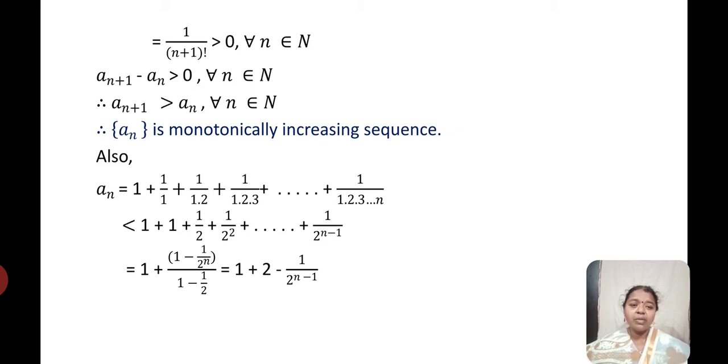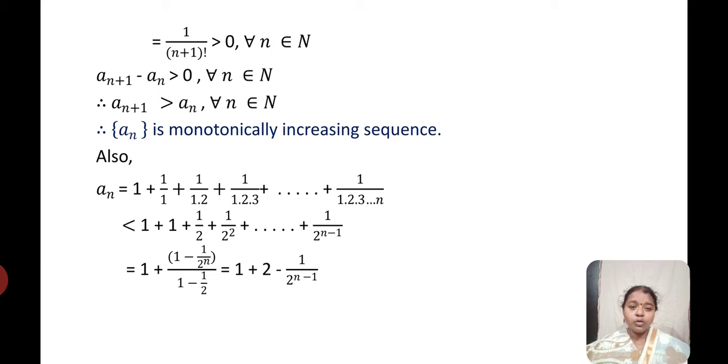This is nothing but less than 1 plus 1 plus half plus 1 by 2 square and so on plus 1 by 2 raised to n minus 1. Now I'll leave the first term as it is. Then the next terms are nothing but the sum of a geometric series wherein a is equal to 1 and r is equal to 1 by 2.